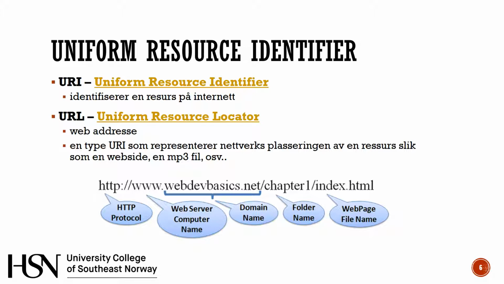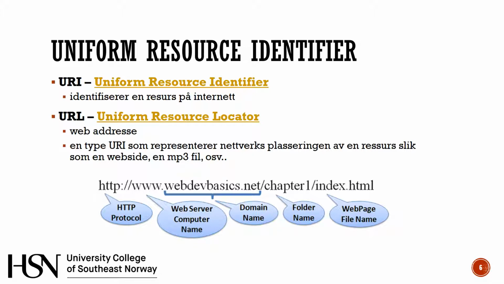Web users take advantage of this when they use meaningful URLs and, for example, email addresses, without having to know how the communication actually locates the service. You can see an example of a URL in the slide.